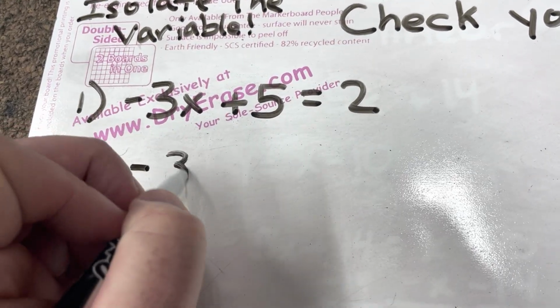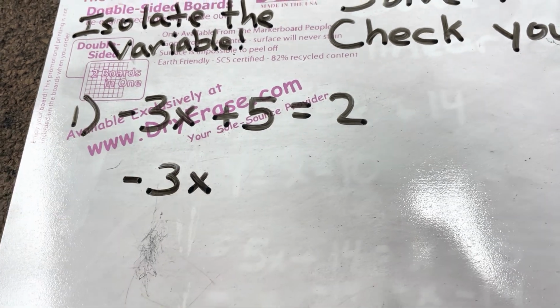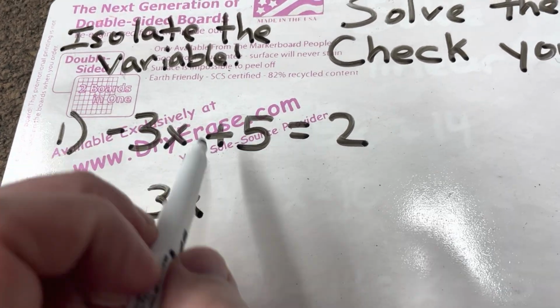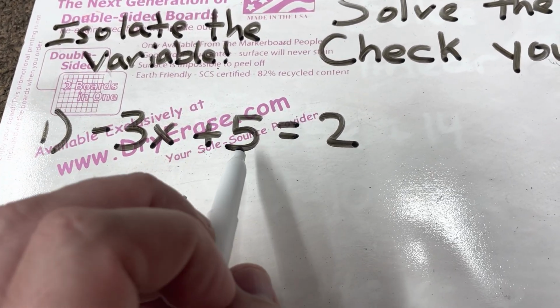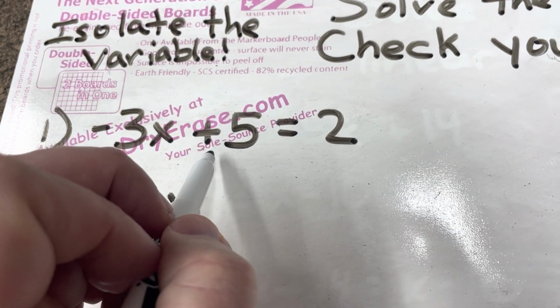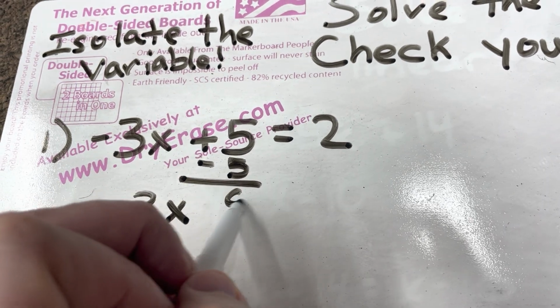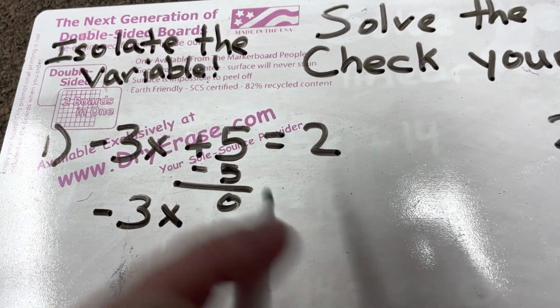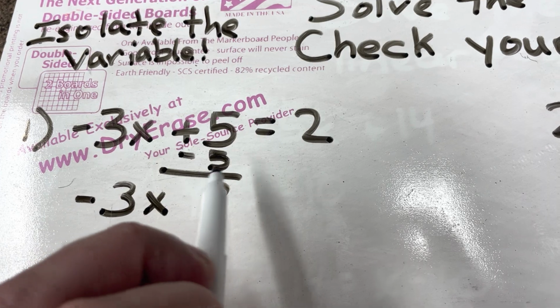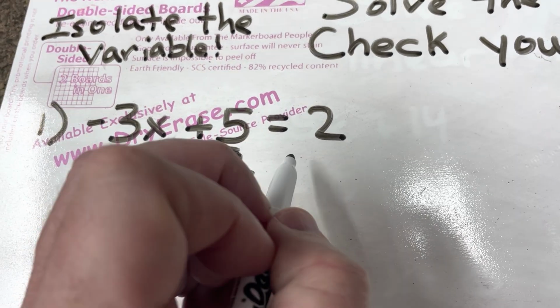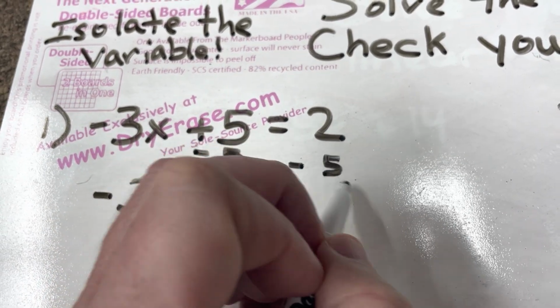Then you're going to isolate the variable, and we consider the variable to be negative 3x, which means I have to get rid of this plus 5. Since this is a plus 5, my goal is to make it nothing, which 5 minus 5 equals 0. But if I subtract 5 from this side, then I also need to subtract 5 from this side.